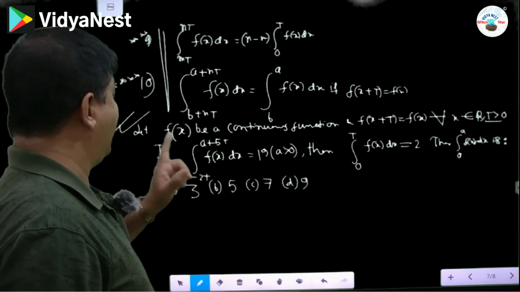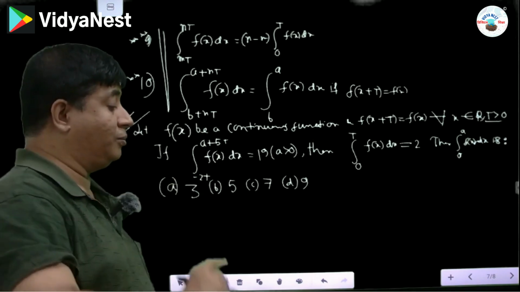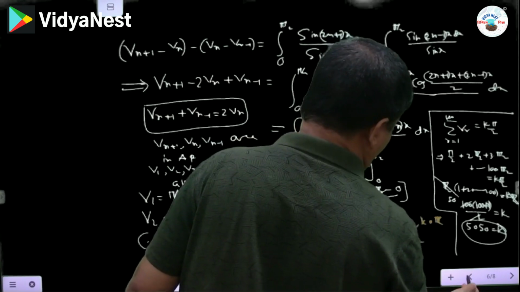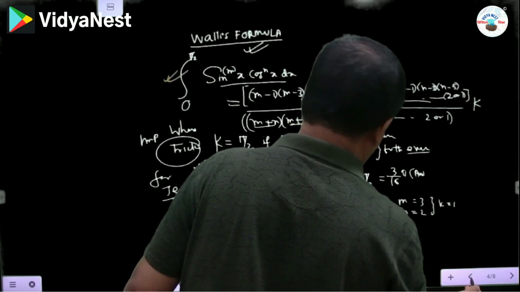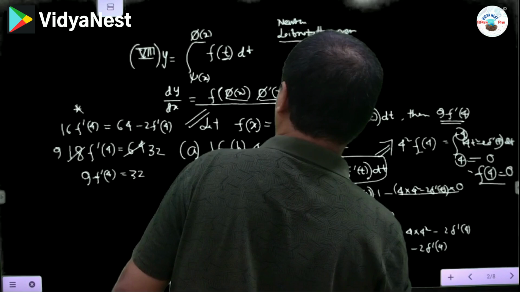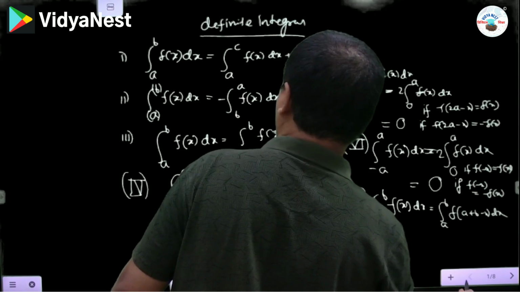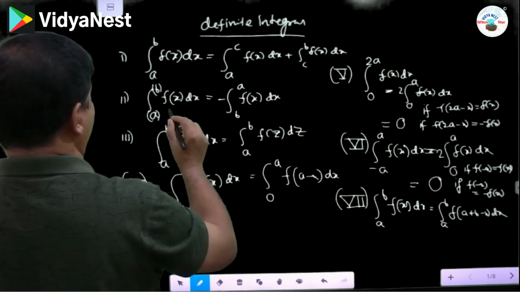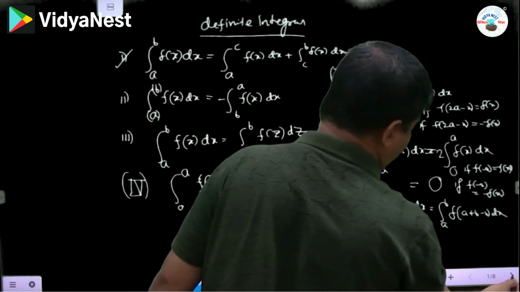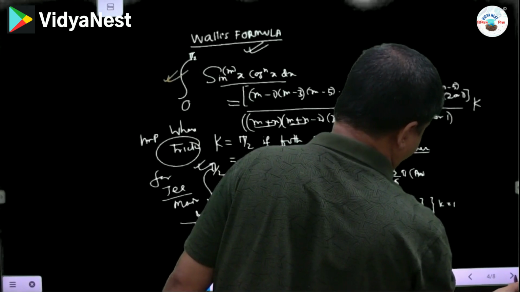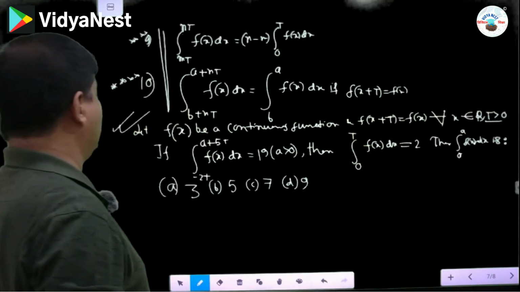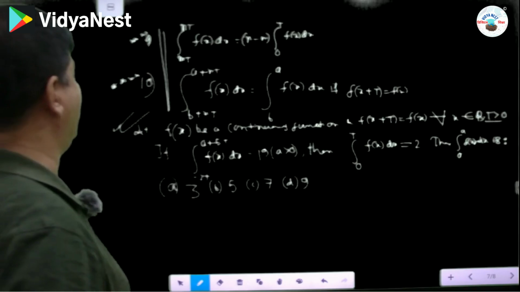In this sum, the first formula which I referred to today also has to be used. This formula's application is also in this sum. Minus 2T to A plus 5T.